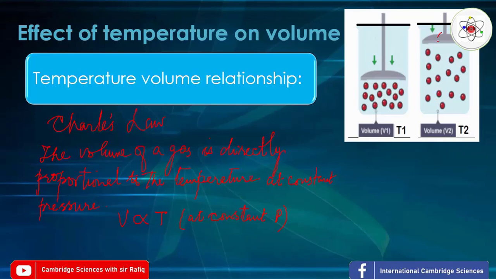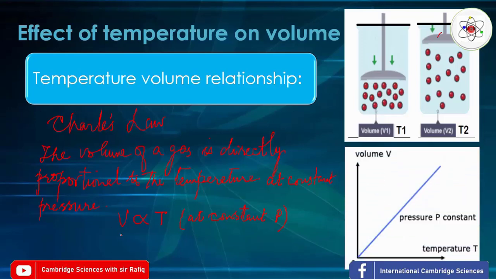The piston went up to increase the capacity of the jar, and so this is how we can say that as we increase the temperature, if we double the temperature, volume will also be doubled. Right? And a graph between volume and temperature at constant P will be a straight line.